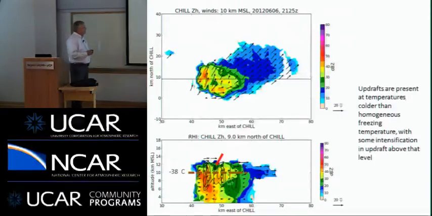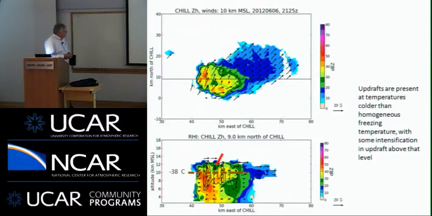So this is another picture of the storm characteristics from the CHILL, showing the motion and the anvil structure. In the vertical RHI section here, I put the minus 38 degree C line here.